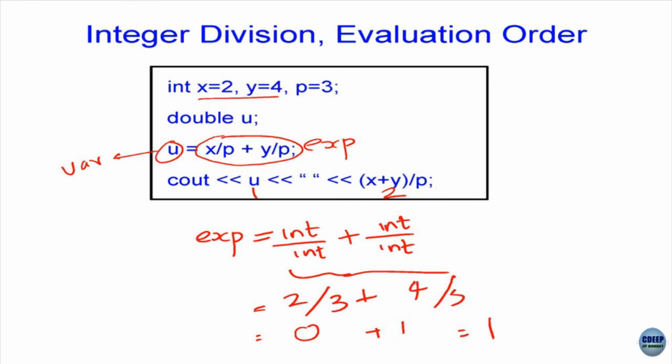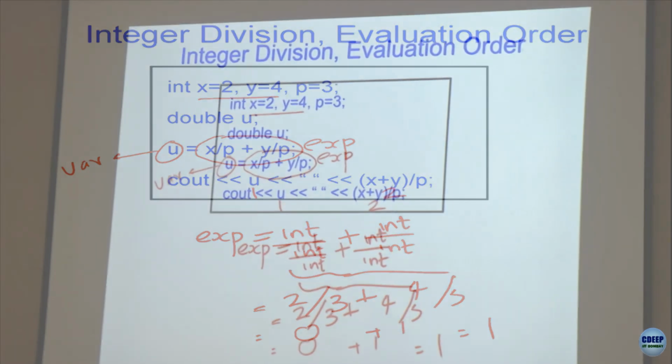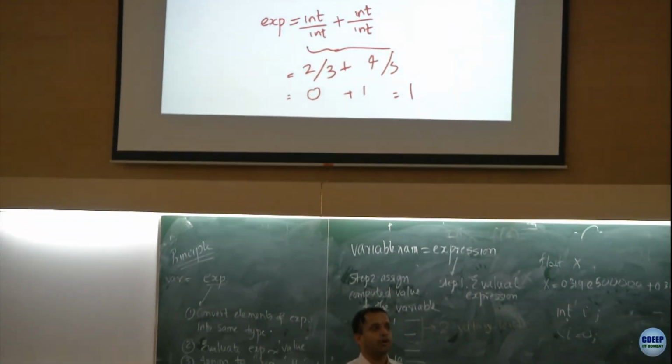But when you do a cout on u, 0.0 is generally dropped, is my observation. So this will be 1. What will be the value of x plus y divided by p? That is 6 plus 6 divided by 3, which is 2. See the difference, the same expression but treated very differently. Okay, so you'll have attendance followed by a short quiz.